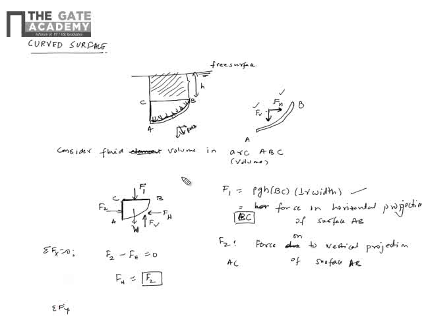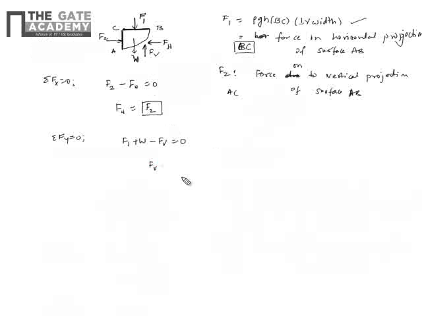Now if you balance the vertical, F1 plus W minus FV is equal to 0. So the vertical force acting due to water on the curved surface AB is F1 plus W. F1 is the vertical force on the horizontal projection BC, which is just like your horizontal surface, and W is the weight of the fluid present.